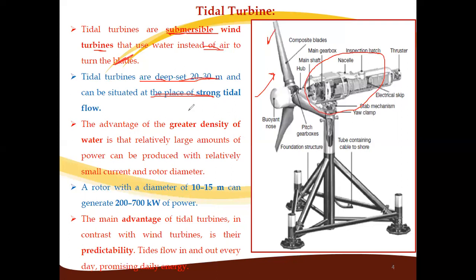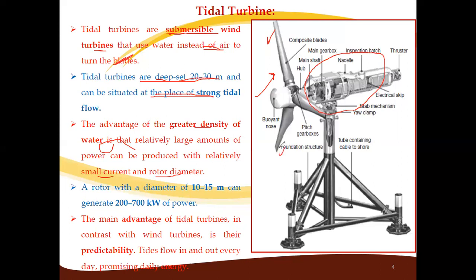The advantage of this tidal turbine is the greater density of water, and that a relatively large amount of power can be produced by using a relatively small current and small rotor diameter as compared to a windmill.